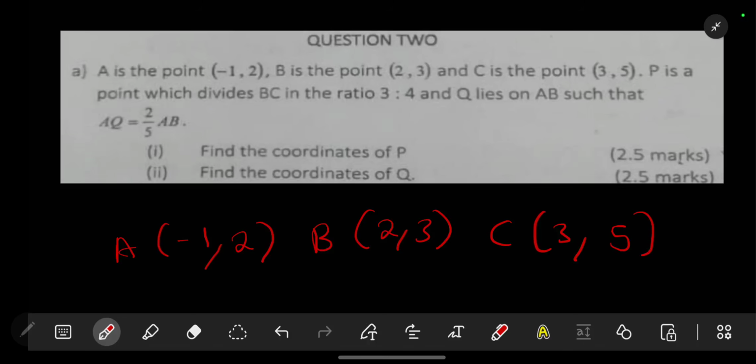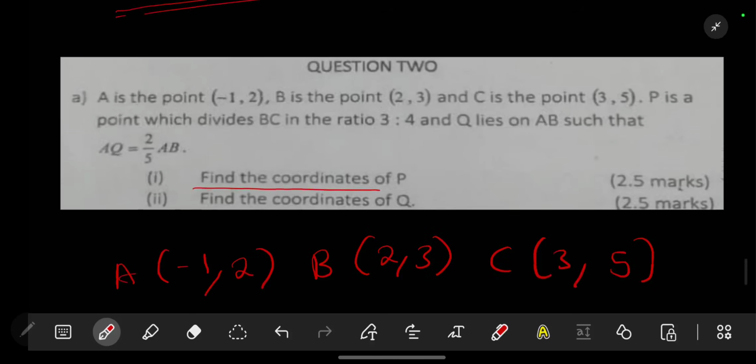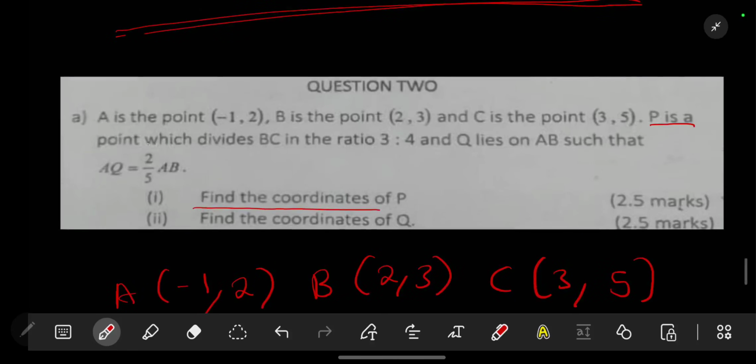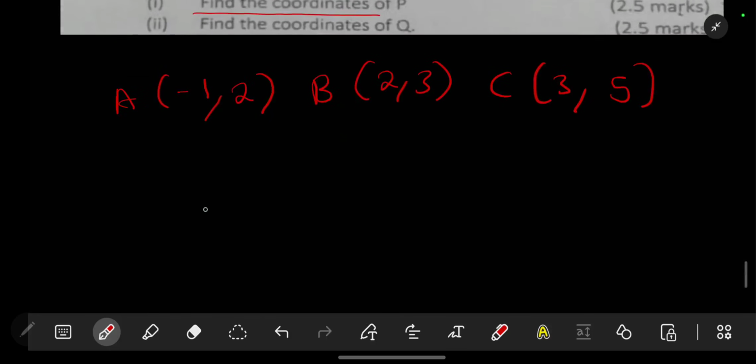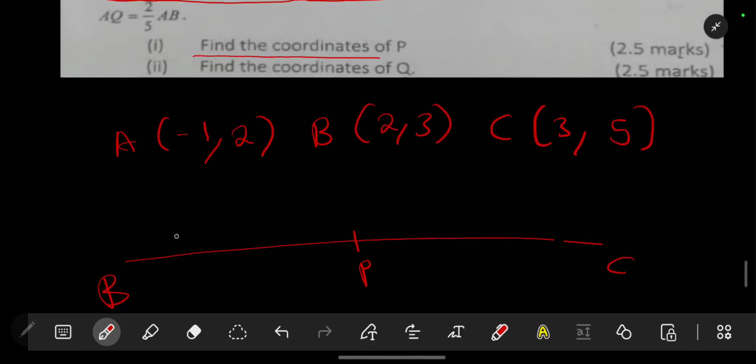Then what we are going to do is find the coordinates of P. They have told you that P is a point which divides BC in the ratio of 3 to 4, that means to say you have something like this. This is your P, then this is your B, this is your C. So it divides this line in the ratio of 3 to 4.